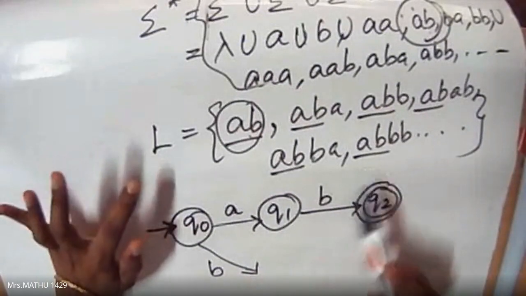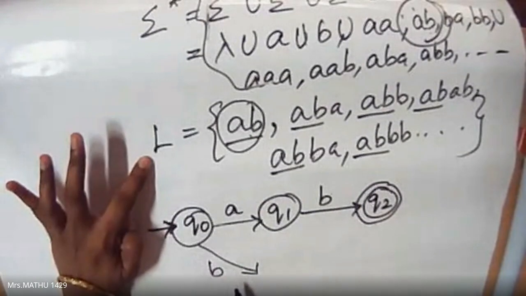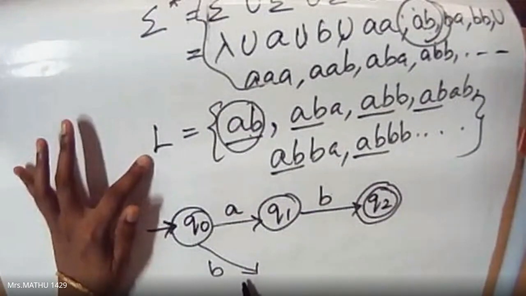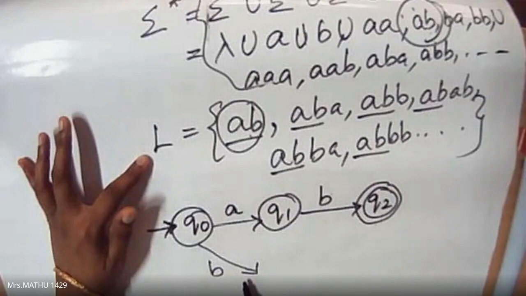According to this language, from the initial state, can it start with B? Yes or no? What is the condition given?